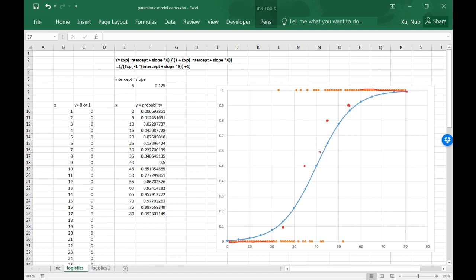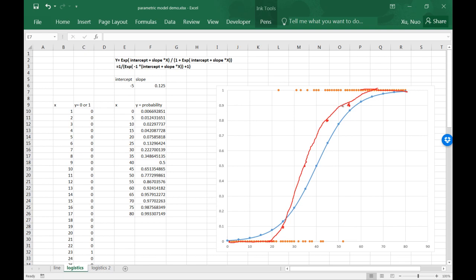So now if we connect all these points, it should form a curve that looks like this. Close enough. Now we know our goal.